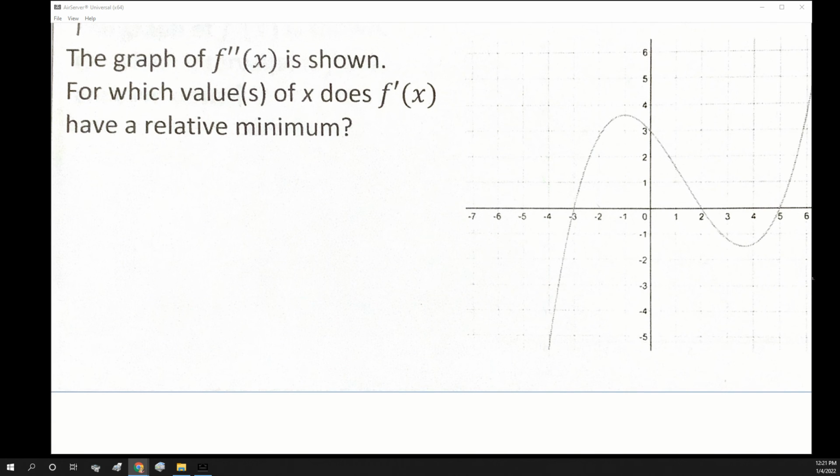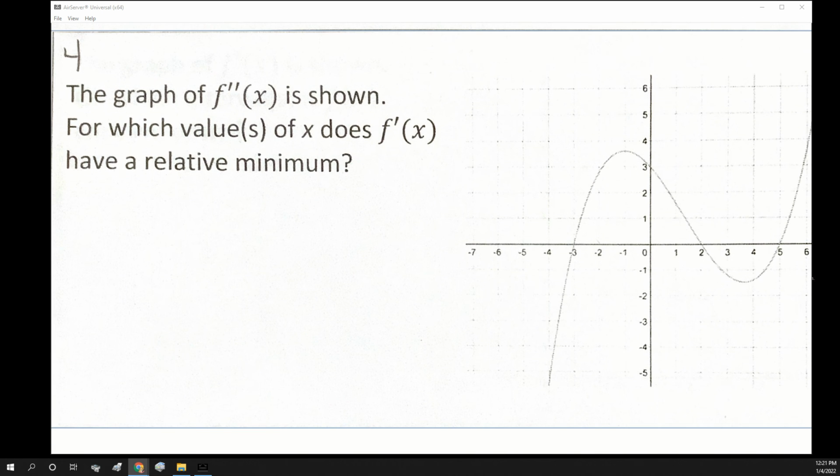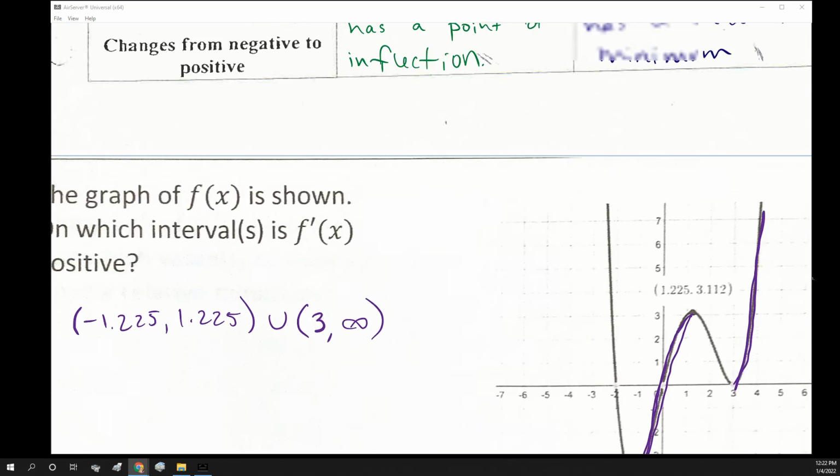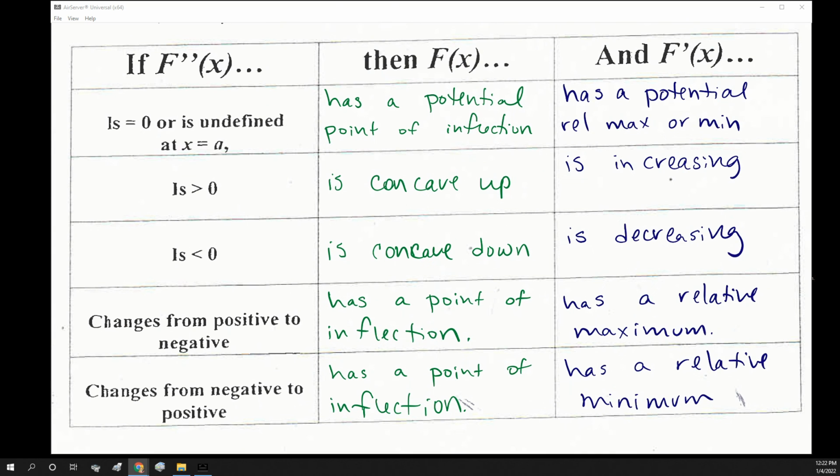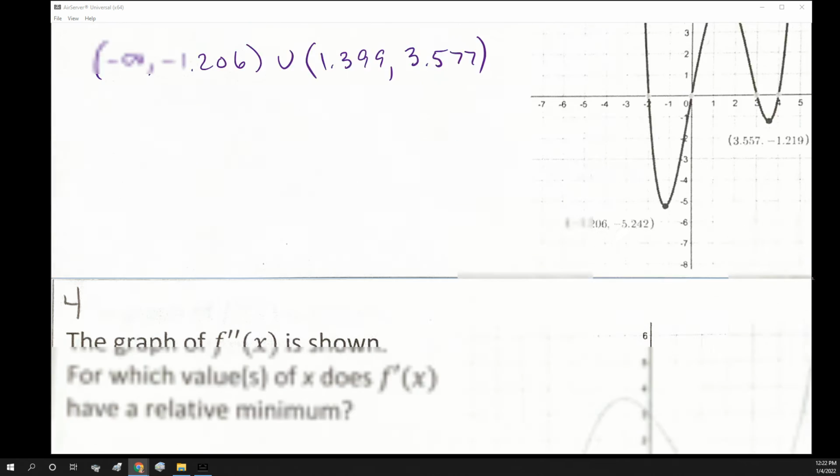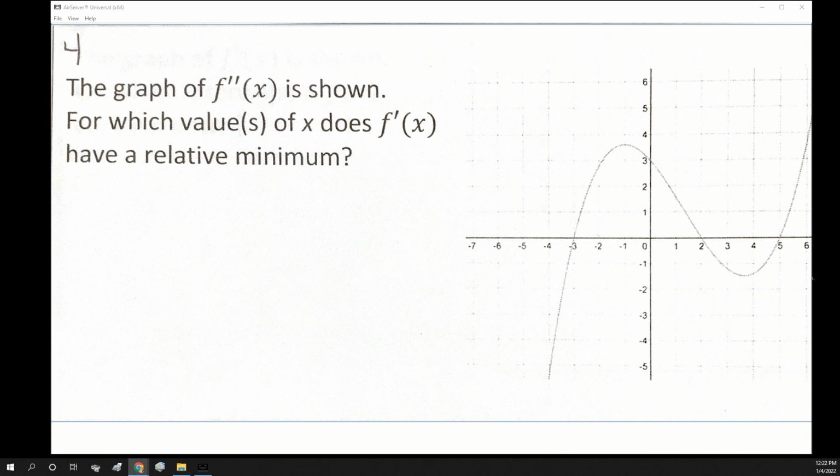All right, let's look at number 4. The graph of f double prime is shown. For what values of x does f prime have a relative minimum? For f prime to have a relative minimum, f double prime needs to change from negative to positive. When we're looking at number 4, f double prime changes from negative to positive in 2 places.